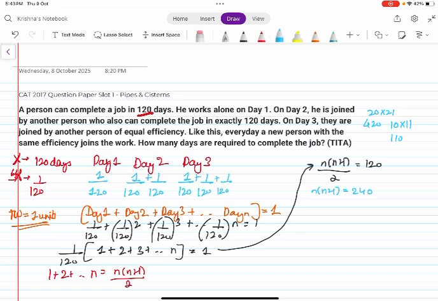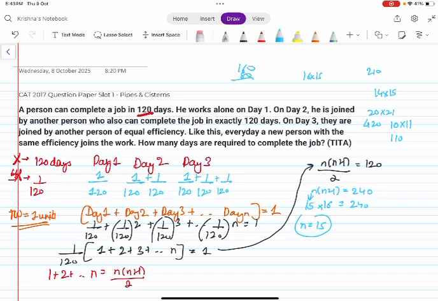Let's solve it. 14 into 15 will give us 210. What about 16 into 15? 16 into 10 is 160, and 16 into 5 is 80. Yes, so this gives us 240. So n is 15, and n plus 1 would be 16, and this gives us 240. So n is nothing but 15.